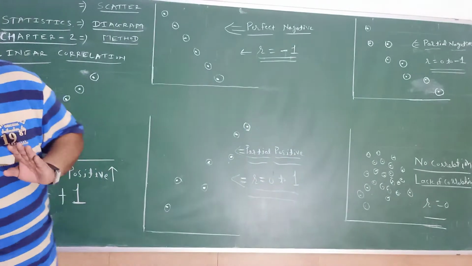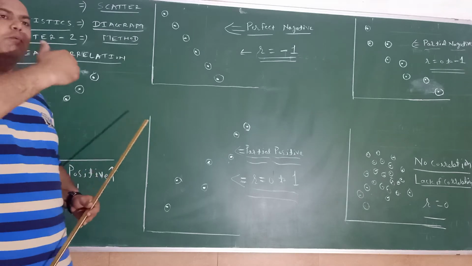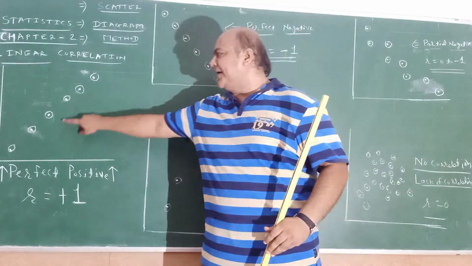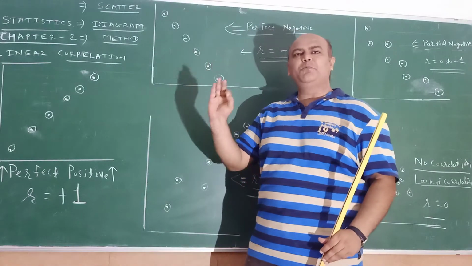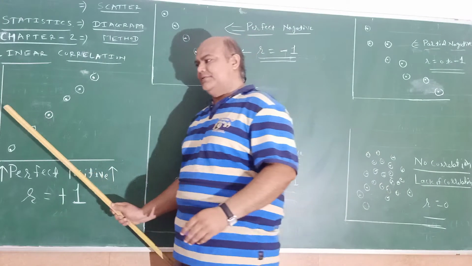And here it is. I drew a diagram first. See, in the first diagram, you are all able to see that the dots are in a straight line, going from left to right. When dots are moving from left to right in upward mode and in a straight line, then this type of correlation is called perfect positive correlation.